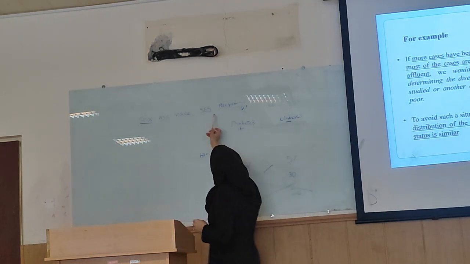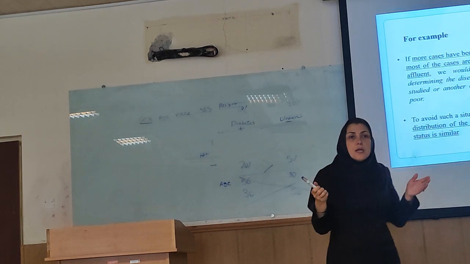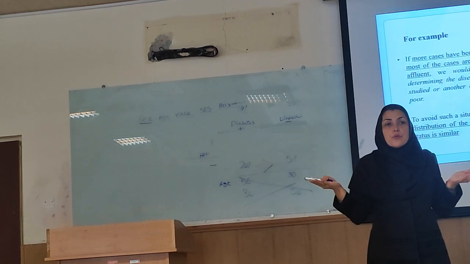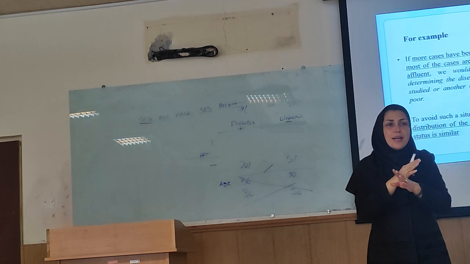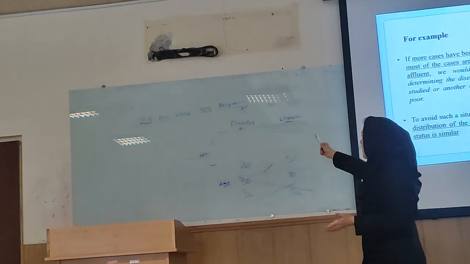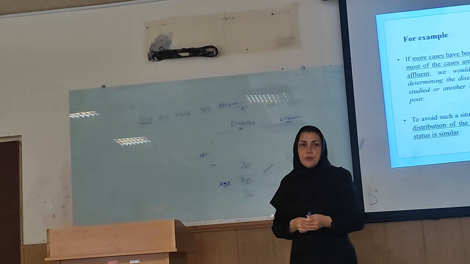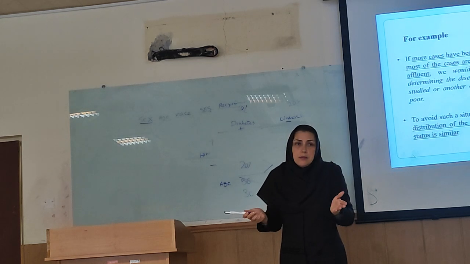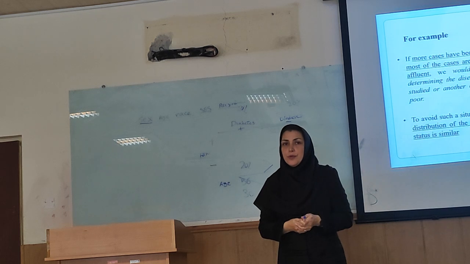If we try to match on several factors, the cases and controls could become so similar to each other that we cannot find any difference among them. If you find somebody who is matched regarding these factors, he is so similar to the other group.